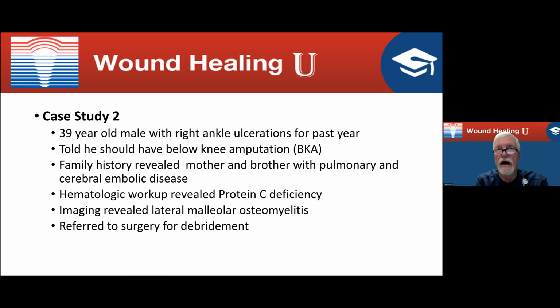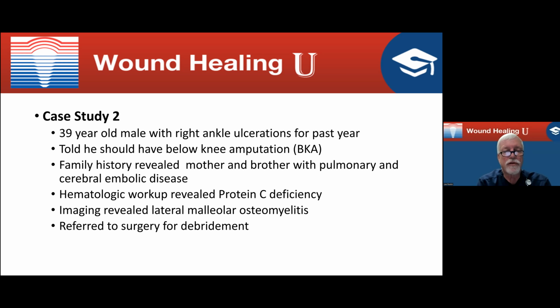He did well, and to the best of our knowledge, following the multi-layer wrapping and continuing on his present meds, these ulcers remain closed to this date, and he wears either 30 to 40 millimeter compression hose or hook and loop or Velcro closure garments on both of his legs.